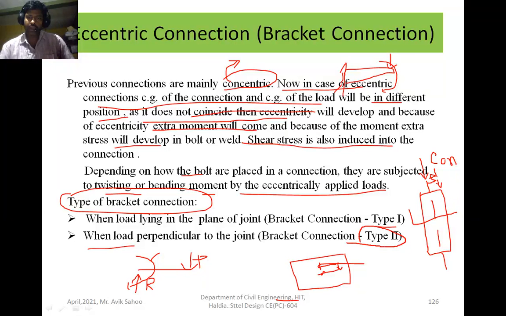So basically two types of connections are considered in your syllabus. One is type 1, another is type 2. Both are eccentric: the bracket connection is an eccentric connection, type 1 being where the load lies in the plane of the joint, and the other where the load is perpendicular to the joint.